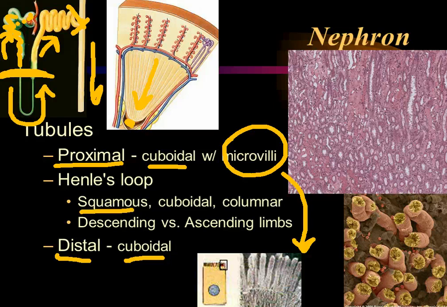Mostly simple squamous. A few other variations, but generally simple squamous. And that's what you're looking at. You're looking at tubules of different kinds over there. And here's a section of kidney on 10x. And you can see cross-sections of tubules everywhere.